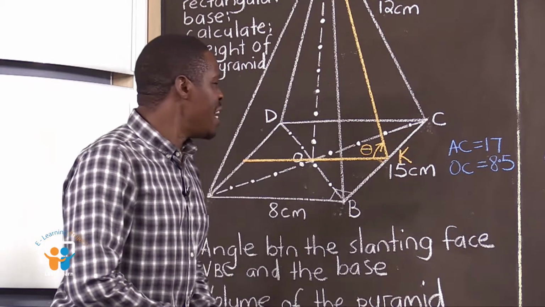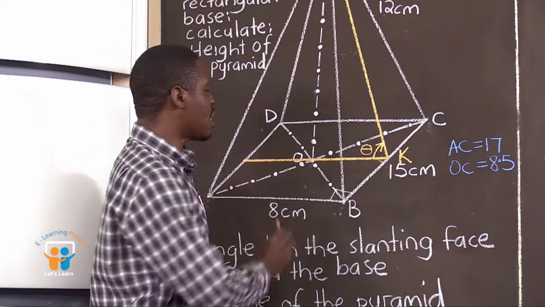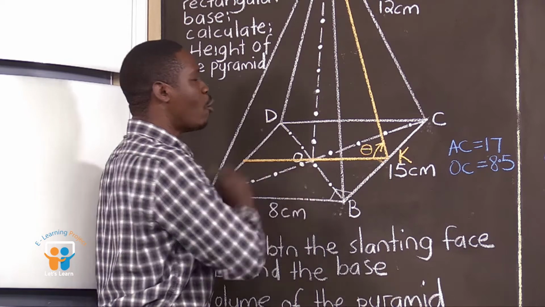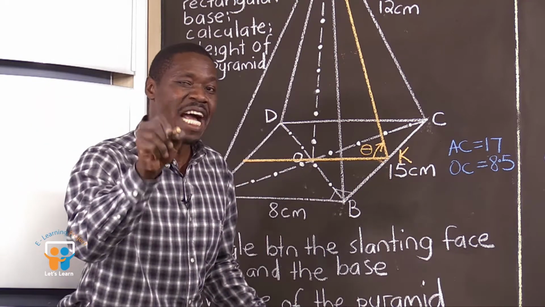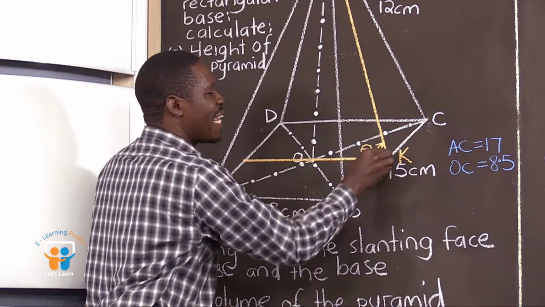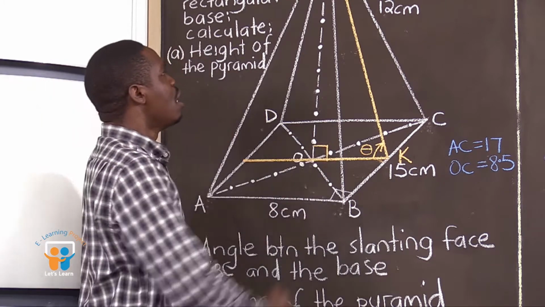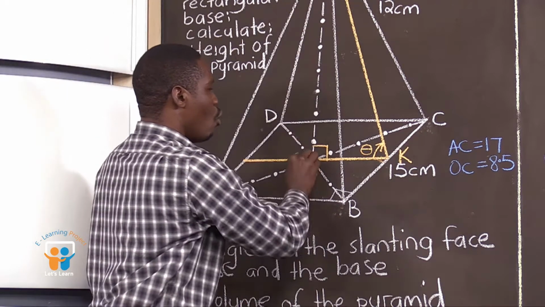But now, even if we don't have this line continue up to the end point, our interest is for it to just come up to point O, so that we construct a right angle triangle, VOK. Remember, we have a 90 degrees there, VOK.